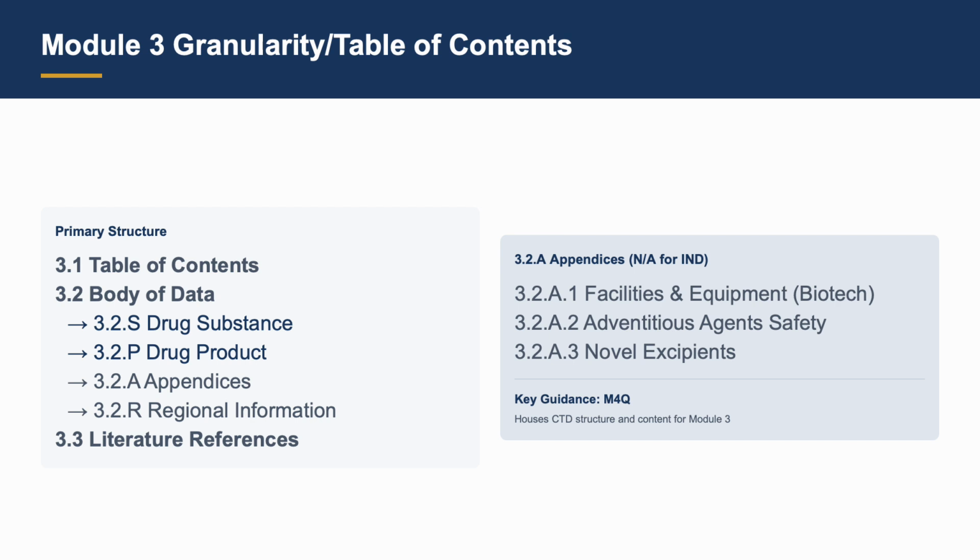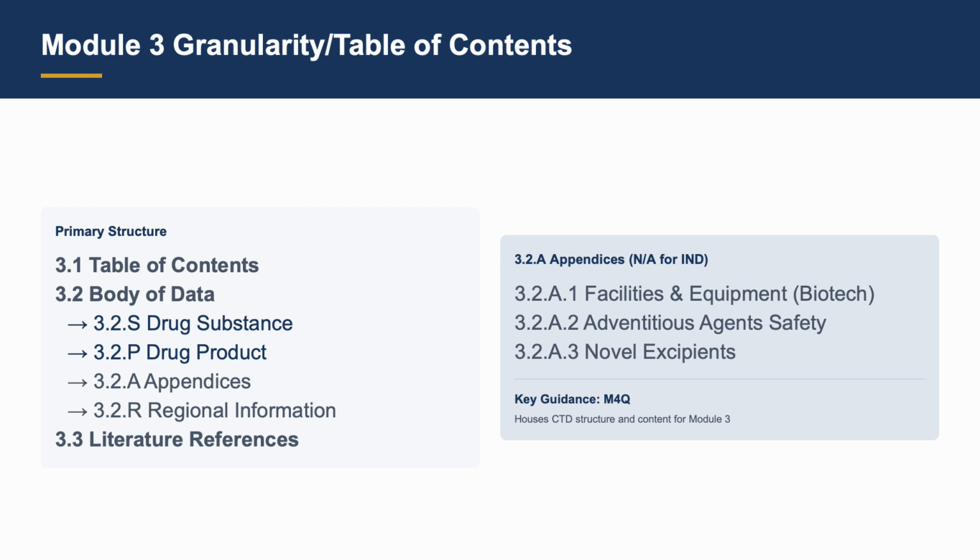Section 3.2 contains the body of data, the actual quality documentation organized into 4 main subsections. Section 3.2.S contains all drug substance information. This is organized by drug substance name and manufacturer, meaning if you have multiple drug substances or multiple manufacturers for the same drug substance, each combination would have its own 3.2.S section.